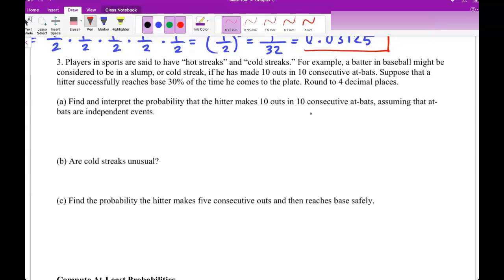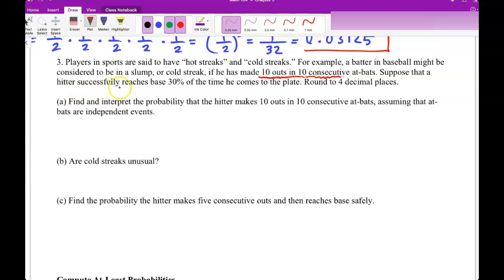Number 3. Players in sports are said to have hot streaks and cold streaks. For example, a batter in baseball might be considered to be in a slump or cold streak if he has made 10 outs in 10 consecutive at-bats.